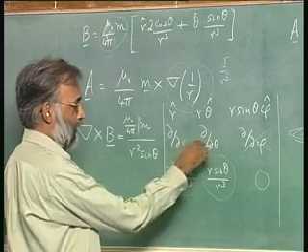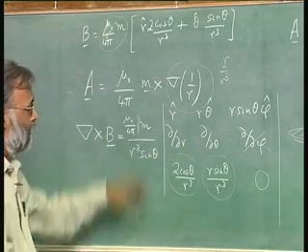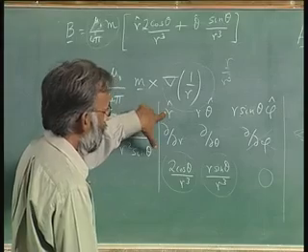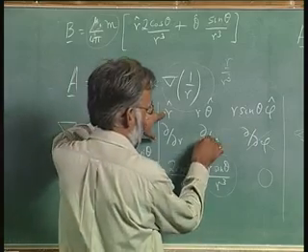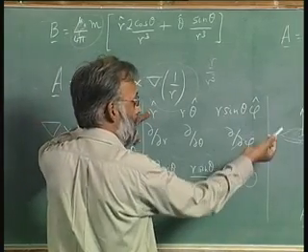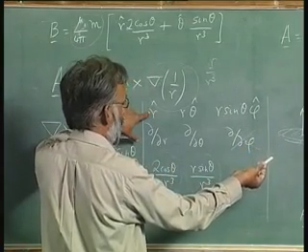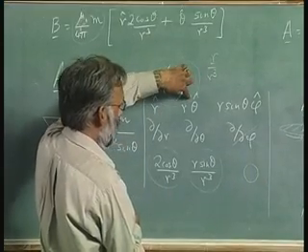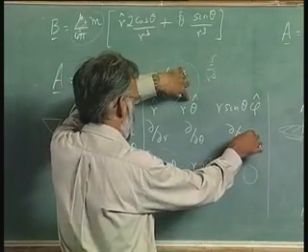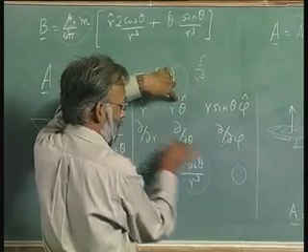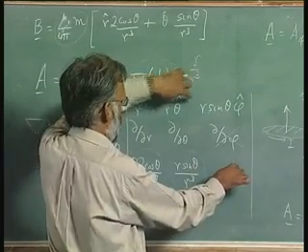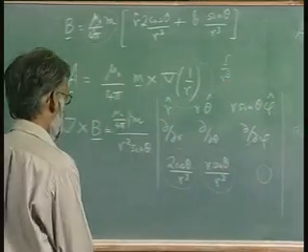So, it is only these two derivatives that can make any difference. If you look at the r component, del del theta acts on 0 and del del phi is not present. So, there is no component along r. If you look at the component along theta, del del phi cannot act and del del r acts on 0. So, you are left only with the phi component.